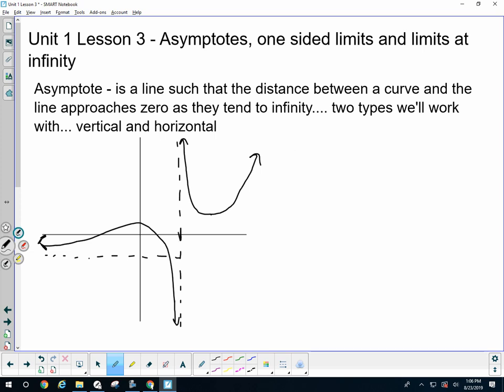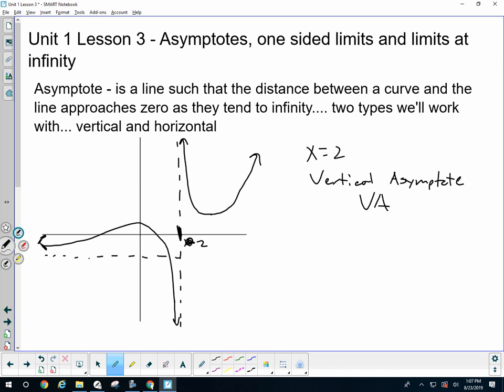So if I gave this a coordinate like 2, we'd say x equals 2 is a vertical asymptote. I'm going to use VA for short, okay?